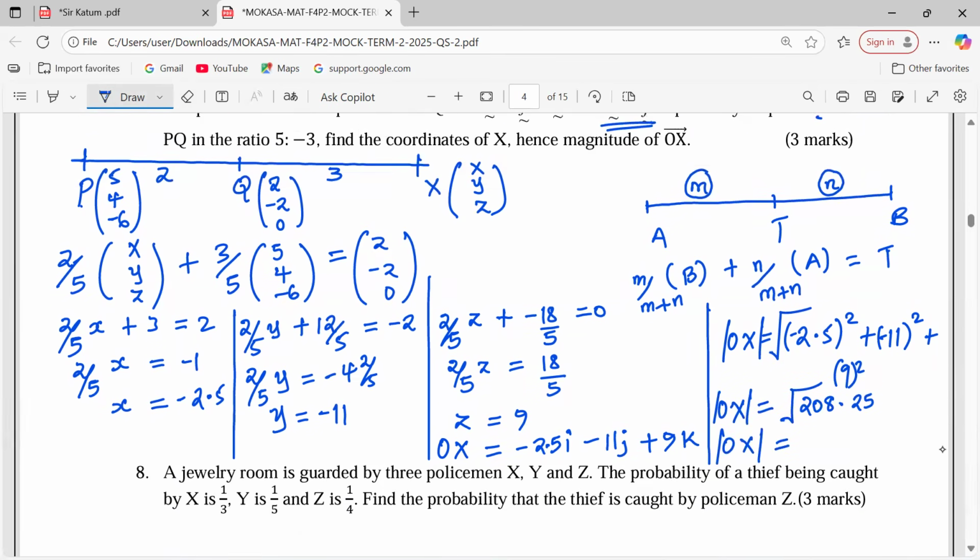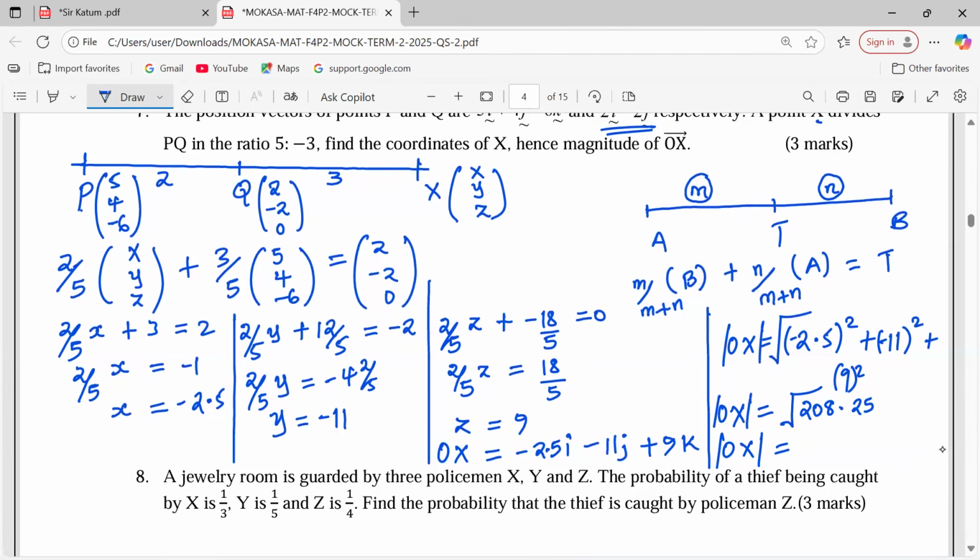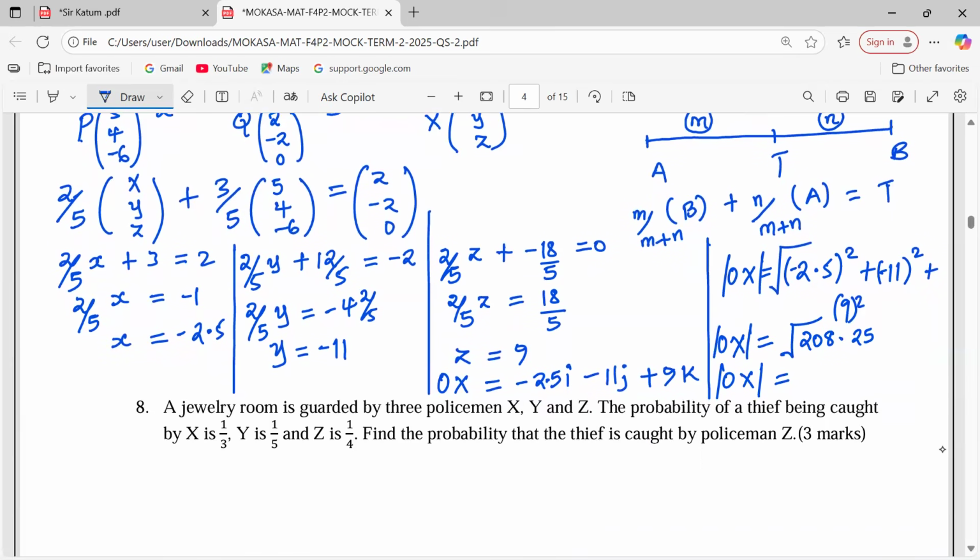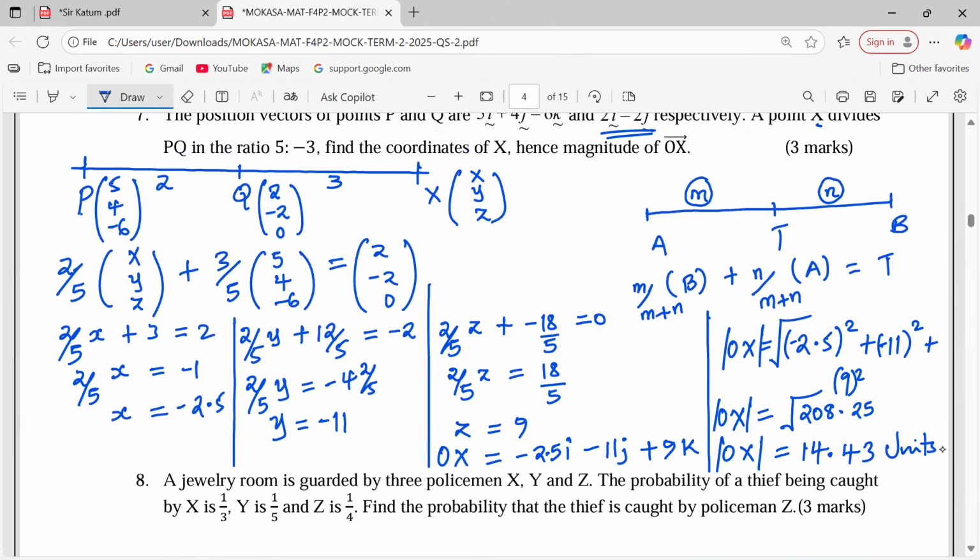Do we have any instructions about decimal points? No, we don't have. So we just pick the square root and we ensure 4 significant figures. 14.43 units. So that is the magnitude, rather the length, the size, the modulus.